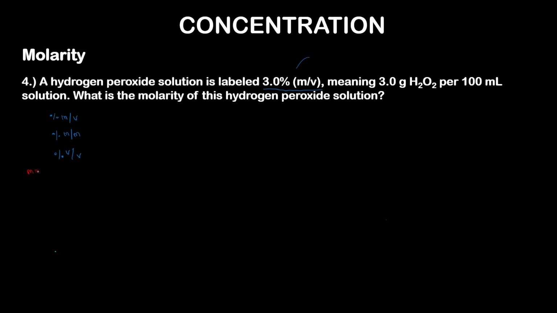M is mass and V is volume. So when you say percent M over V, it's a percent of mass in a volume. An easy, convenient way to picture this is to always picture the denominator as 100.